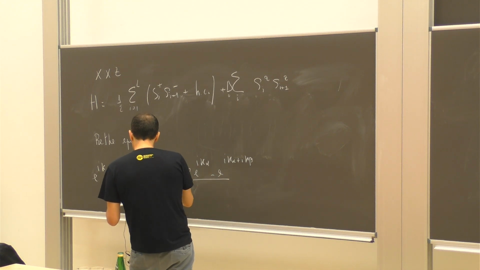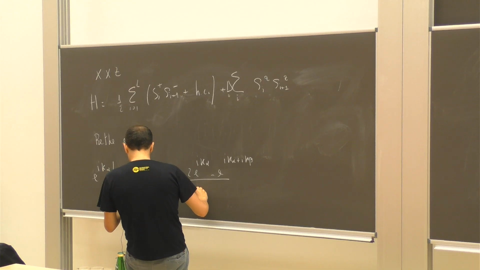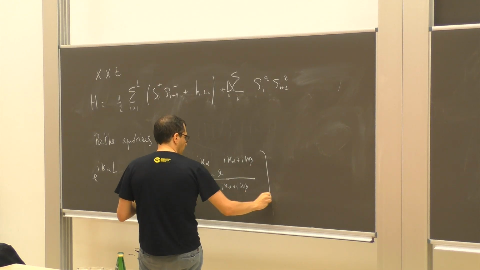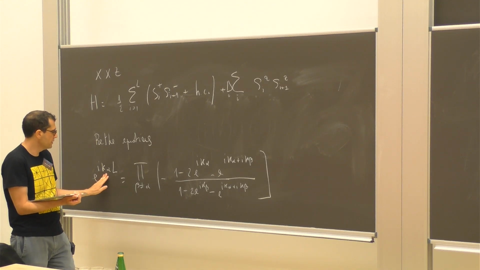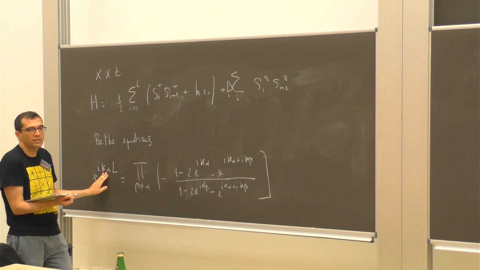This is a set of highly nonlinear, complicated equations for the k alpha, which are essentially the momenta.